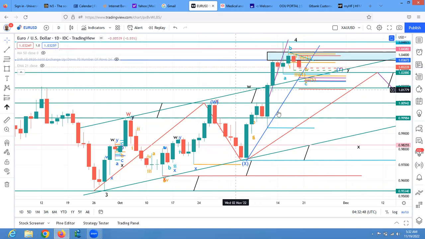But in terms of correcting a 1618 to these two, it seems that this is 3-1. And in terms of seeing this as a 7 swing, still not impossible, because what we are seeing here are just pushes and reactions around this level.